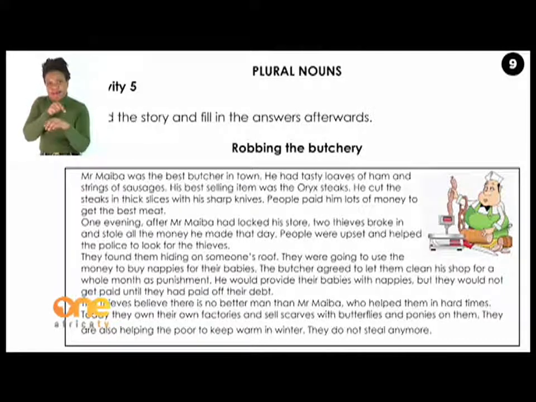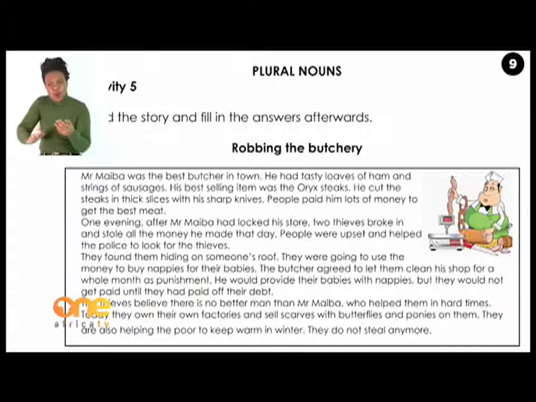Mr. Mayber was the best butcher in town. He had tasty loaves of ham and strings of sausages. His best-selling item was the oryx steaks. He cut the steaks in thick slices with his sharp knives. People paid lots of money to get the best meat.